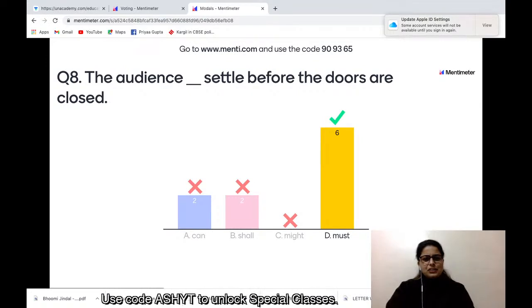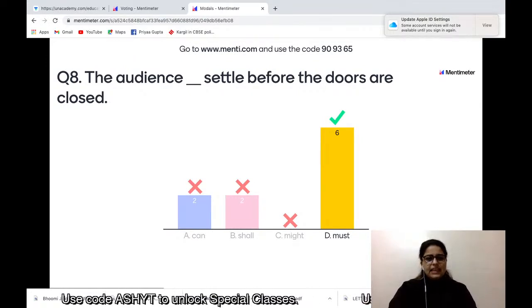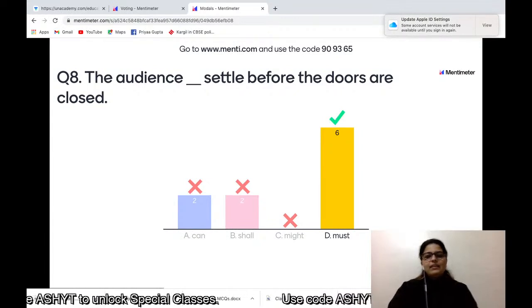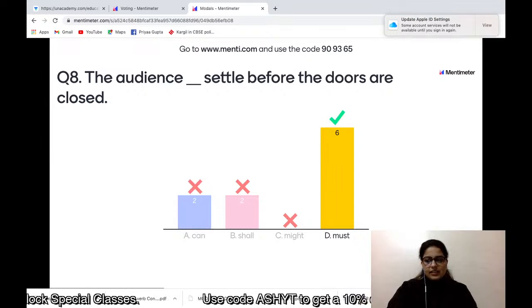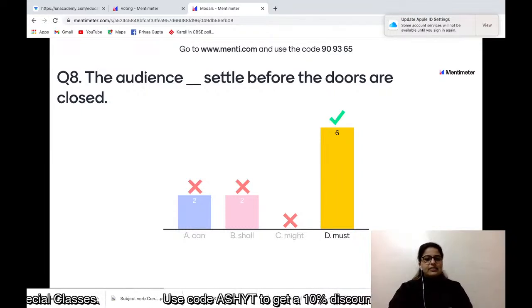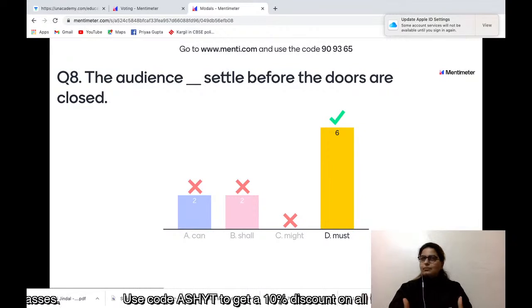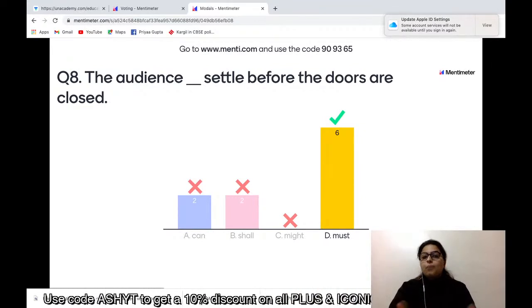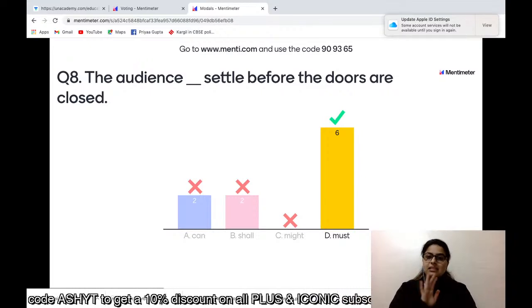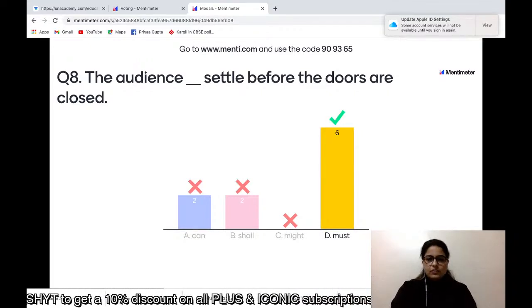Why are people answering shall and can? Can is for ability, dear. And shall primarily be used for requests, for seeking permissions and requesting. So here, indeed, the right answer is must. You're talking about something which is to be done necessarily, something that is important. So the audience must settle before the doors are closed.